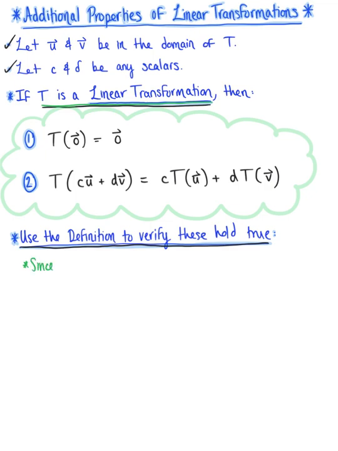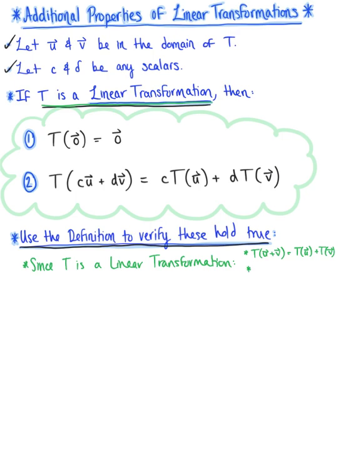Since T is a linear transformation, we automatically know that it preserves the operations of vector addition as well as scalar multiplication. So we know that the image of vector u plus vector v under the action of T is equal to the sum of those two images. That's preserving the operation of vector addition.